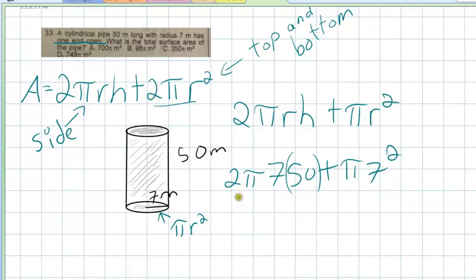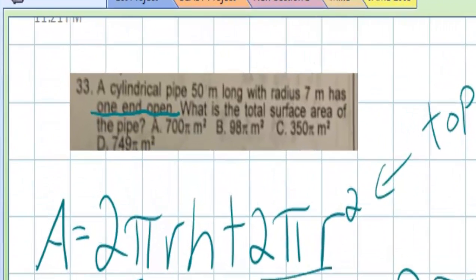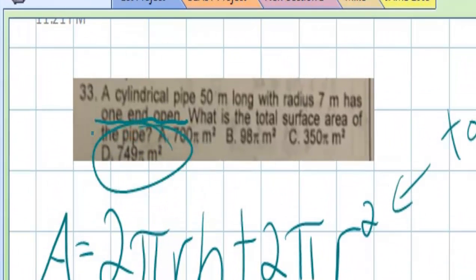Let's say 2 times 50 first, because that's easier, that's 100. And then times 7 is 700, so here we have 700 pi plus, and then 7 squared is 49, so this is 49 pi. Because these are like terms, they both include pi, we can add them up. So this is 749 pi, and don't forget your units, it's meters squared, and that's our answer right there.